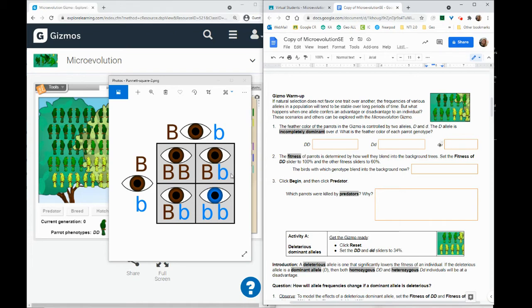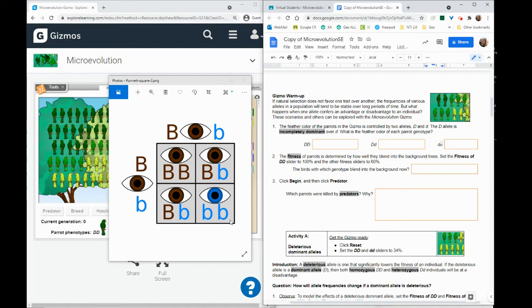For example, I know my biological mother has blue eyes, so I know that I have to be big B, little b. But I have very dark brown eyes. Just looking at my eyes, you have no way of knowing that I have a little b allele. I only know that because I know that my biological mother has blue eyes, and a person who has blue eyes has to be little b little b.